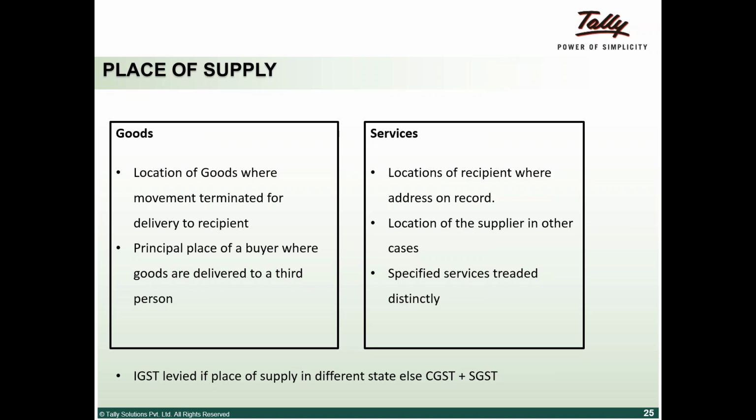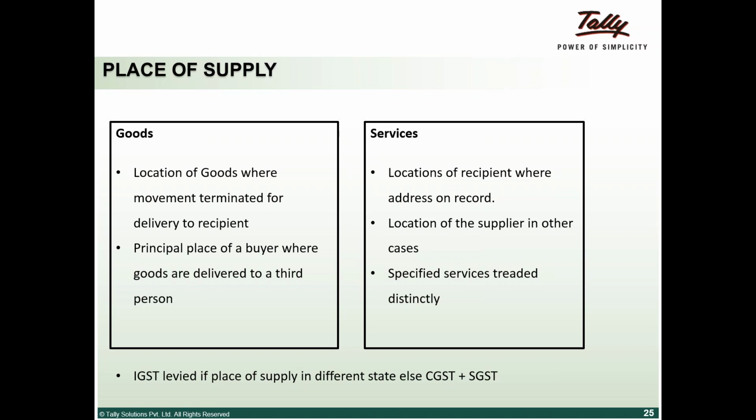The reason is that it is on the instruction of Hindustan Lever that the material has moved to Tamil Nadu. So the SSI unit will raise a tax invoice to Hindustan Lever, stating that SGST and CGST are applicable in this transaction because the transaction is presumed to have taken place inside the state. Okay, these are the two concepts as far as goods are concerned.